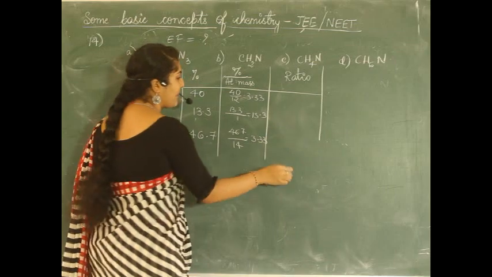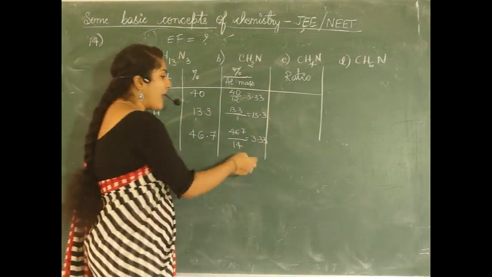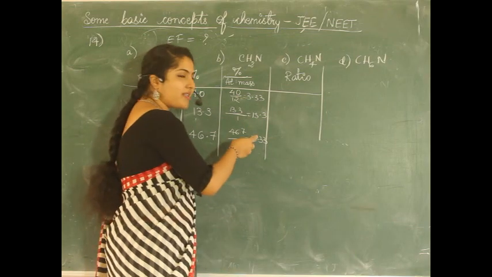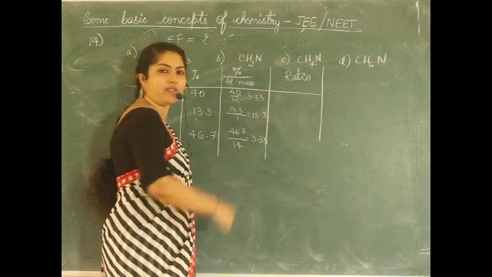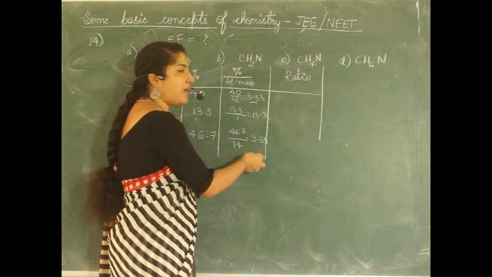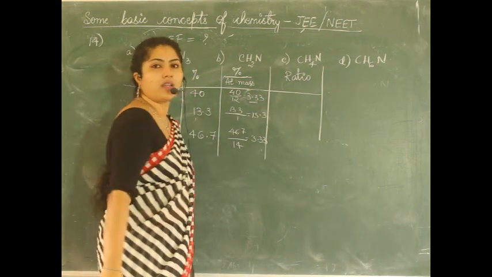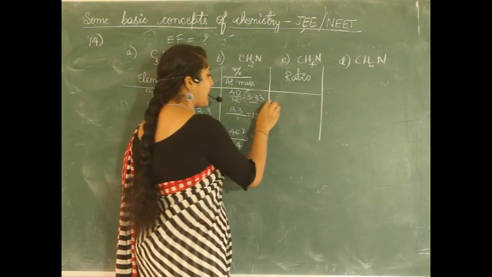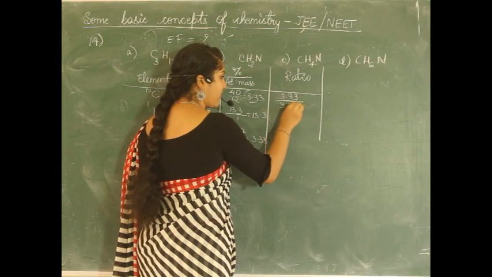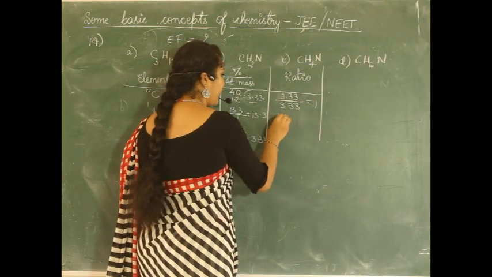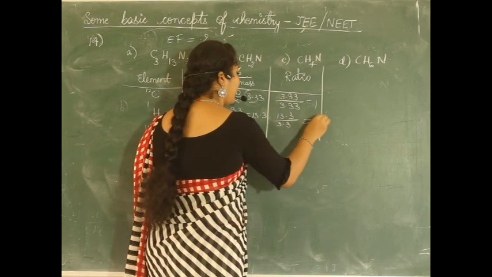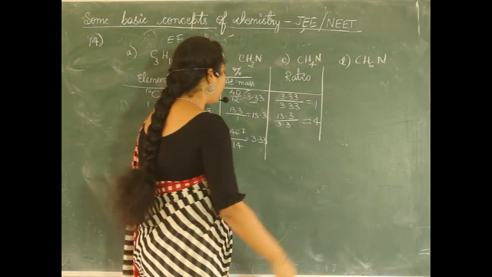Now how do you find a simple whole number ratio? You will have to see which is the smallest number here, and using that smallest number you have to divide each of these numbers of moles. Here 3.33 twice we have, so that is the smallest number, so we will take that. So 3.33 divided by 3.33, here 13.3 divided by 3.33, which is approximately 4.